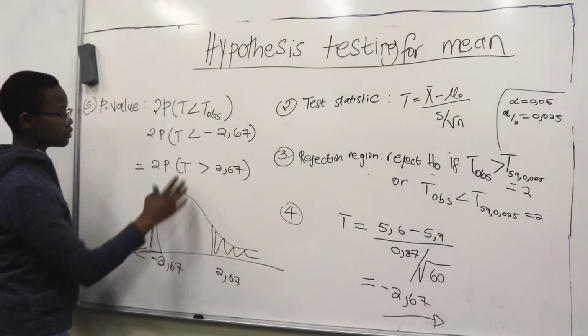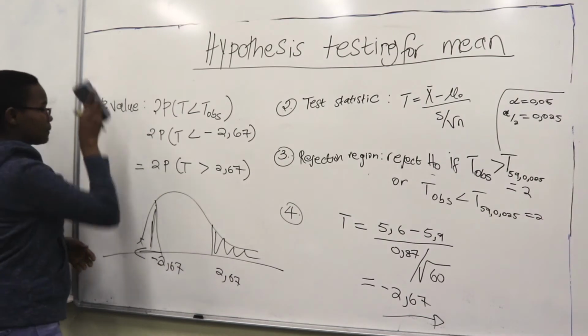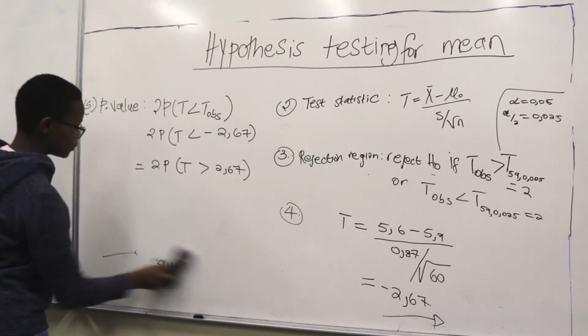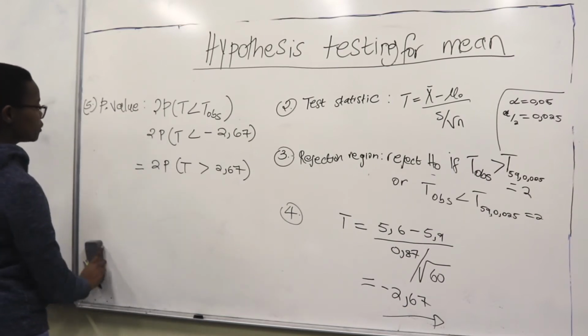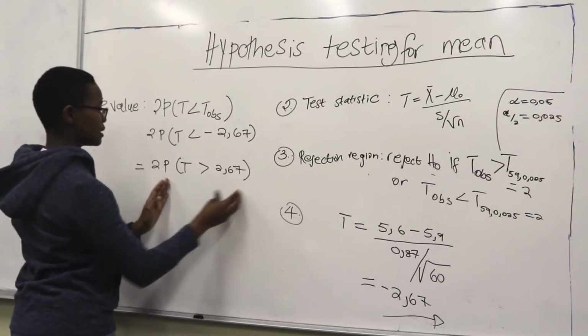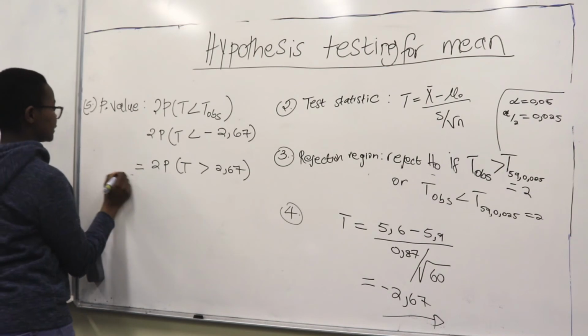So that's why it's the same thing if you write it like this. We're continuing. You divide by 2 because we want this section and not the two of them.